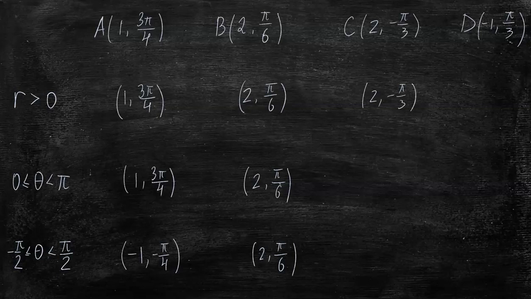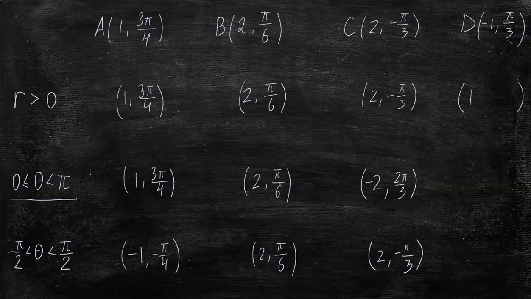However, since the angular coordinate is negative, in order for us to bring it into this range, we have to add pi. So negative pi over 3 plus pi is exactly 2 pi over 3. And since we added an odd number of pi's, we're going to throw the negative in front of the radial coordinate. And that actually satisfies this condition. Now here, the same thing. The condition tells us we want the radial coordinate to be positive, so let's make it positive.